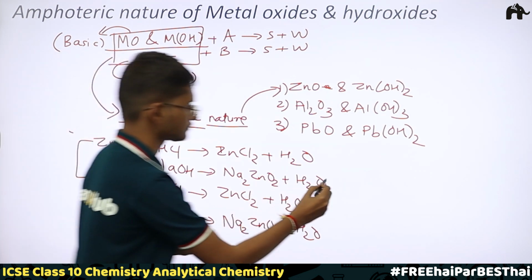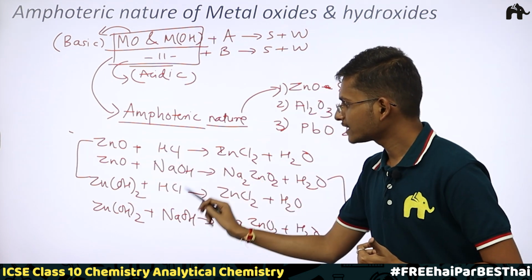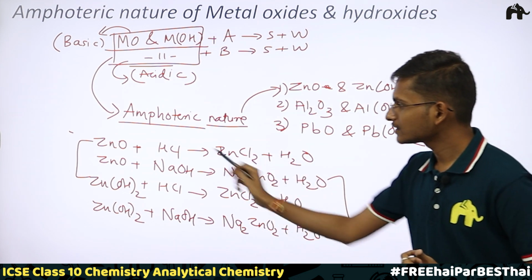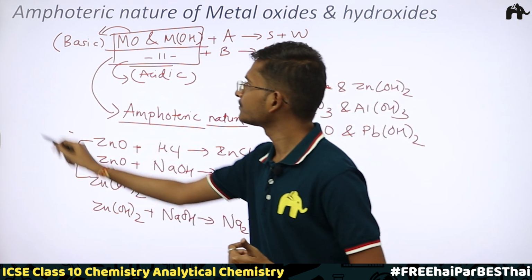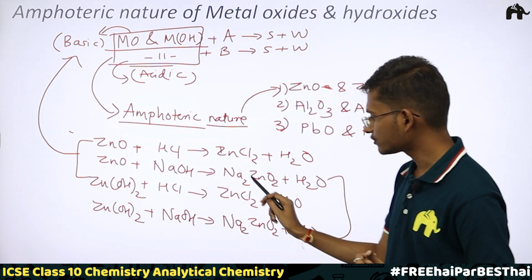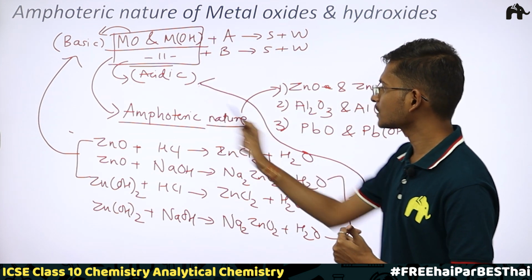So here you can clearly figure out that zinc oxide and zinc hydroxide react with acids to form salt and water, so they have basic nature. And zinc oxide and zinc hydroxide react with bases to form salt and water, so they have acidic nature.